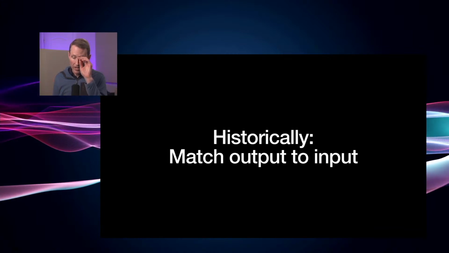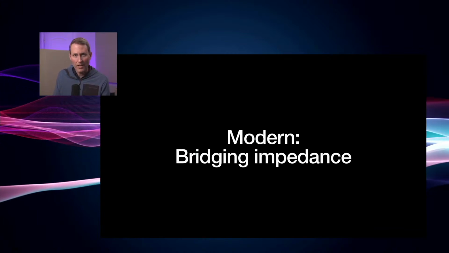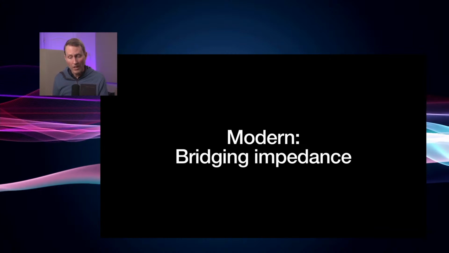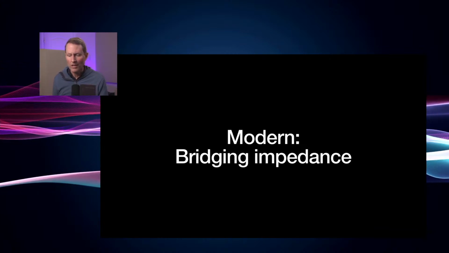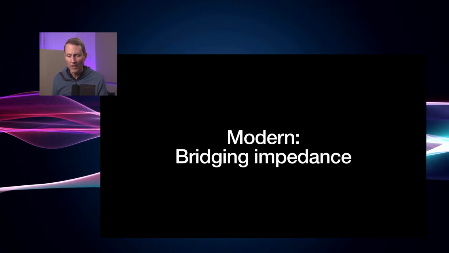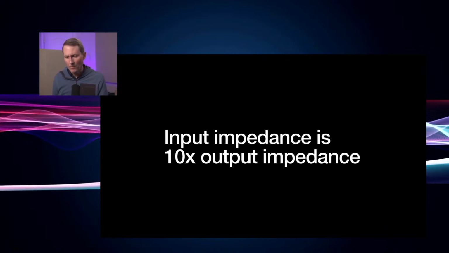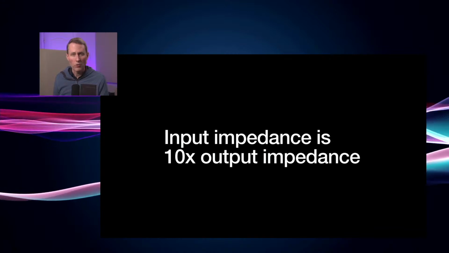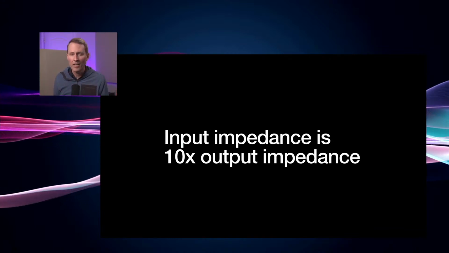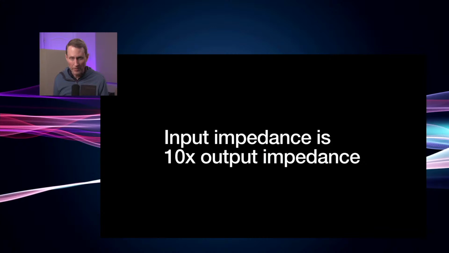However, with modern designs, there's a slightly different approach, and in most cases, not all cases, they're designed for bridging impedance. What that means is that the input impedance should generally be about 10 times that of the output impedance of the microphone.